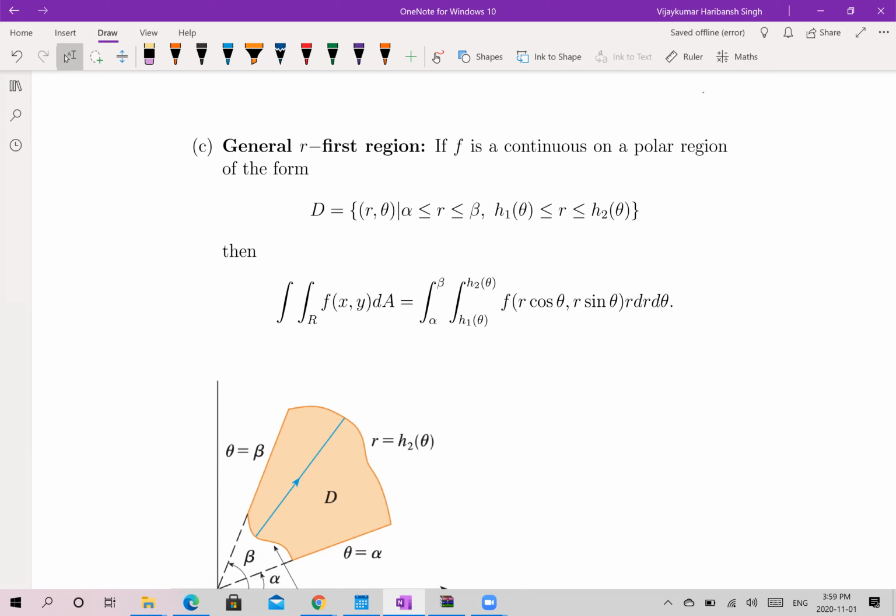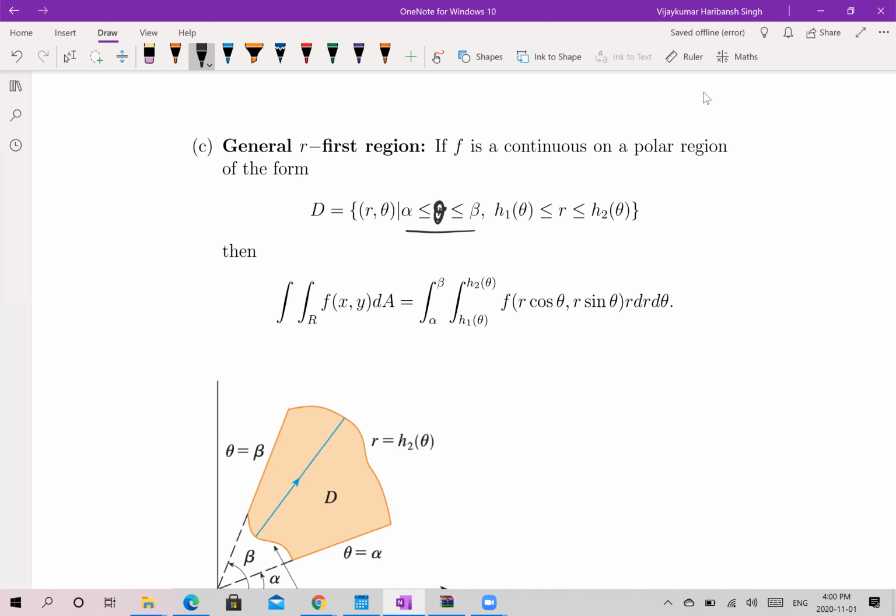This region is described by the following. Your region D over which you're integrating is (r, theta), where your r is between h1 theta and h2 theta, whereas your theta ranges between alpha and beta.